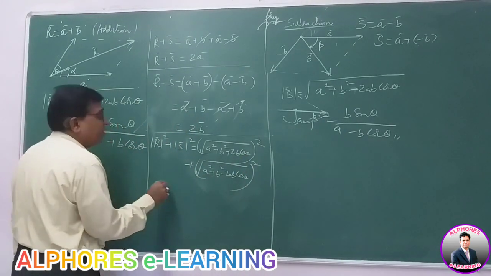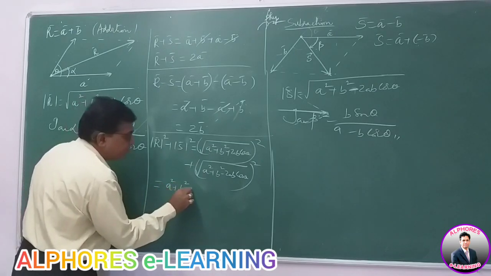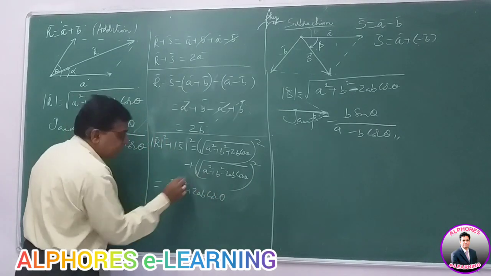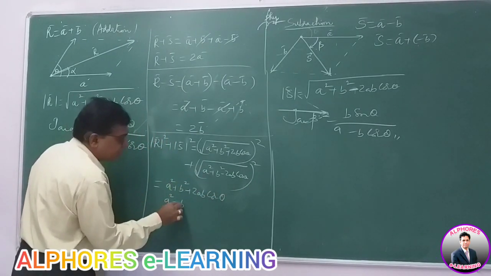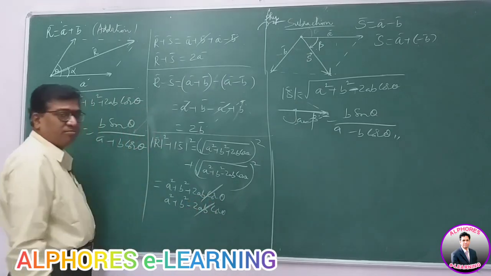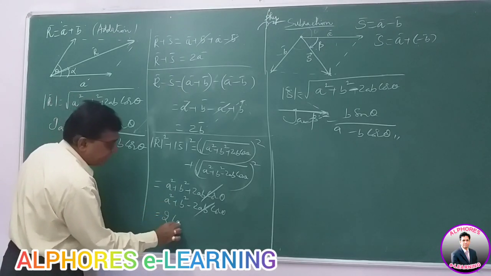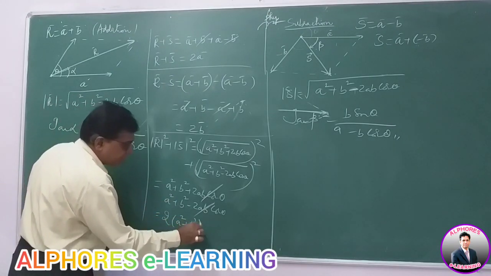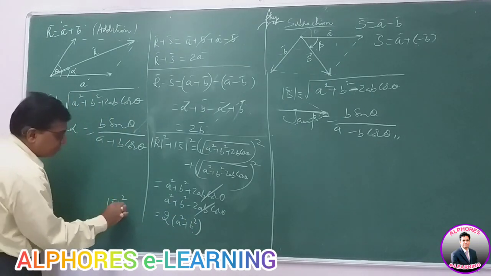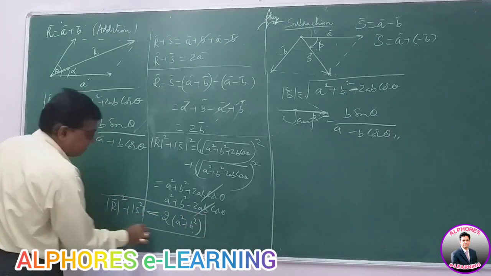Simplifying, I get a square plus b square plus 2ab cos theta, and a square plus b square minus 2ab cos theta. Adding both, I get 2 times a square plus b square. So mod r square plus mod s square is equal to 2 times of a square plus b square.